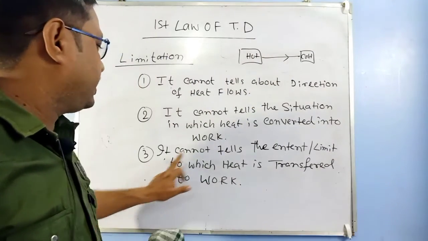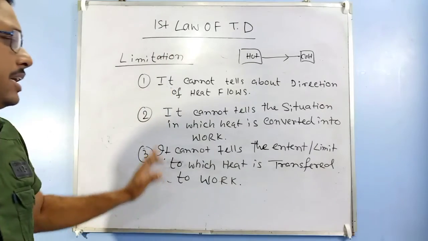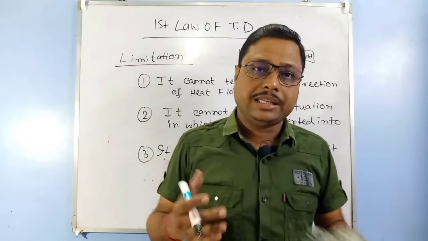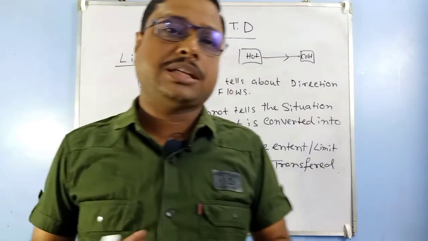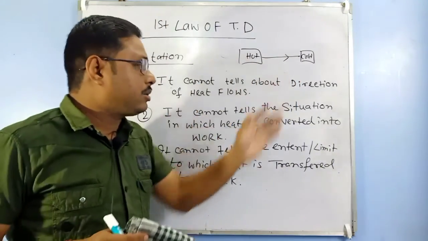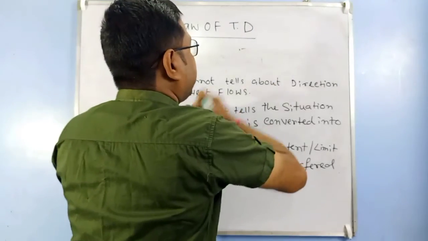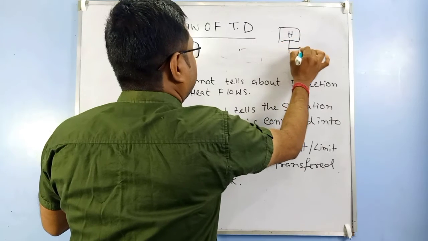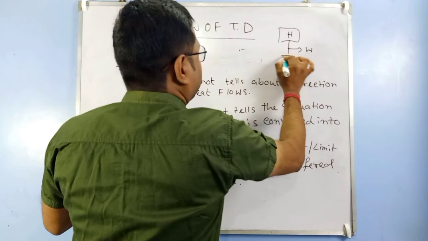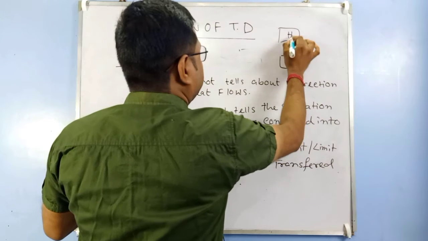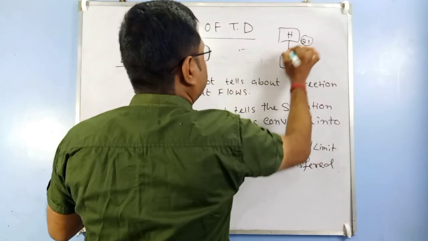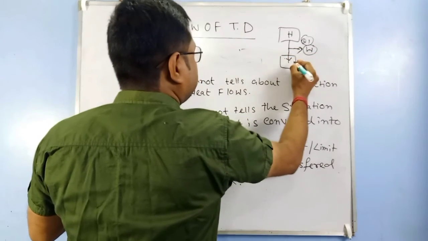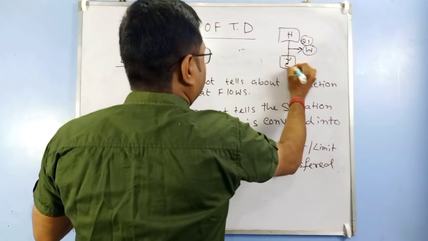And the third limitation, it cannot tell the extent limit, that is why a Carnot engine or a heat engine, I can explain in a later video what a heat engine and Carnot engine are. A Carnot engine is basically an engine which takes heat from a hot body, does some external work and rejects some amount of heat. If Q1 heat is taken from the hot body and it does external work W and rejects the balance heat Q2 into a cold body.